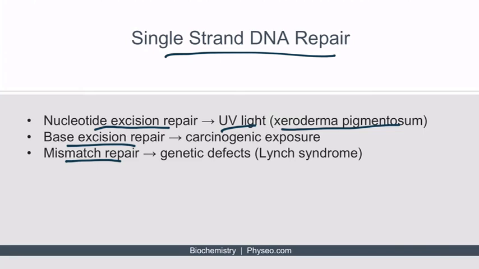Base excision repair usually occurs in response to damage done by carcinogens, so carcinogenic exposure. These could include nitrosamines in smoked food, tobacco in cigarettes, or arsenic or other carcinogens. Mismatch repair is a backup repair mechanism for DNA replication and can be dysregulated by genetic defects such as Lynch syndrome.